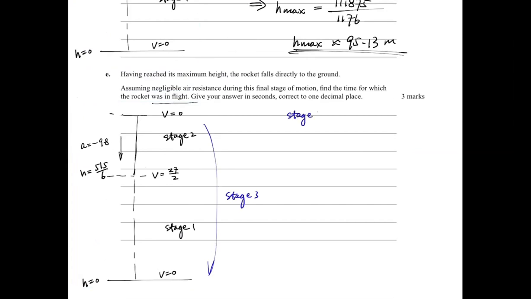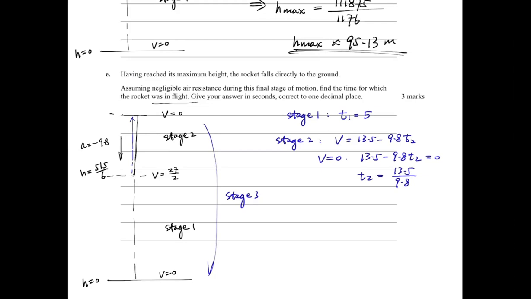Stage 1, T1 equals 5. Stage 2, v equals 13.5 minus 9.8 T2, okay? So v equals 0, 13.5 minus 9.8 T2 equals 0. Therefore, T2 equals 13.5 over 9.8. Because for the second stage, it's still moving up but decelerating.